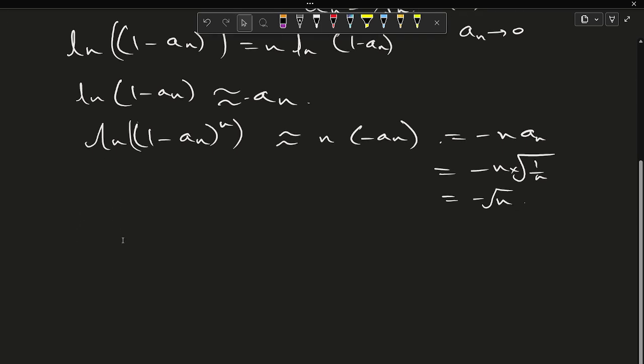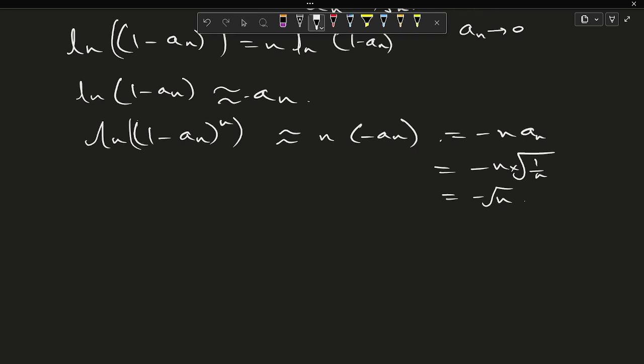Exponentiating both sides, (1 minus 1 by root n) whole to the power n goes to e to the power minus root n.